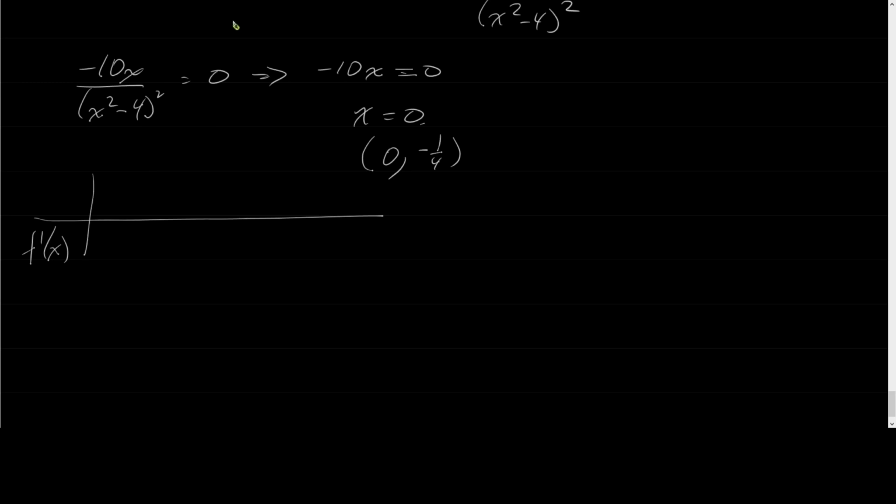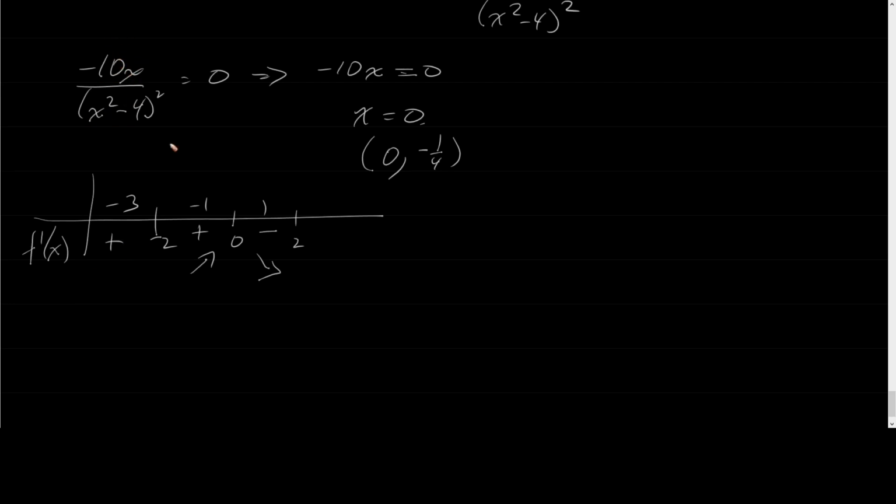So let's see. We just said we have to test around negative 2, 2, and also 0. Here, negative 1 and 1, well, that's exactly what I did before, and we had gotten positive, negative, so increasing and then decreasing. But now, to the left of negative 2, something like negative 3, negative 10 times negative 3 is positive.